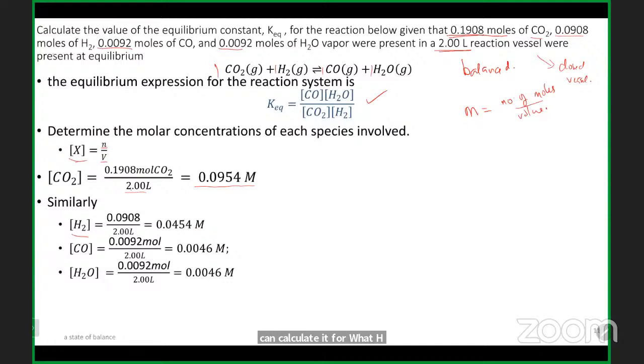H2 is from the equation 0.098 moles of H2 divided by 2, and we arrive at 0.45. For CO, it's also given in the question, and for H2O, also 0.0092. So these are our equilibrium concentrations.